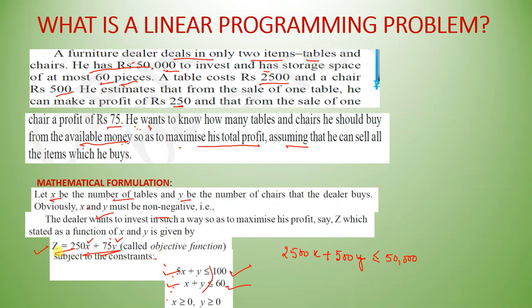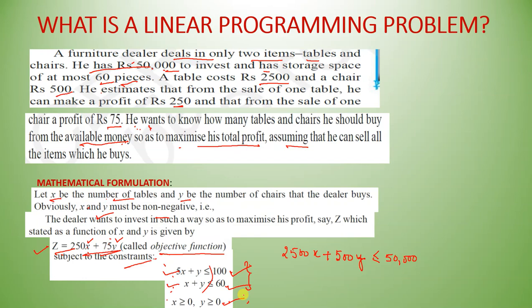And the function which is to be maximized or minimized, this is called objective function. And the conditions which we have put, they are called constraints. In this, the last constraint is x and y both are non-negative. So this is called non-negative constraint.